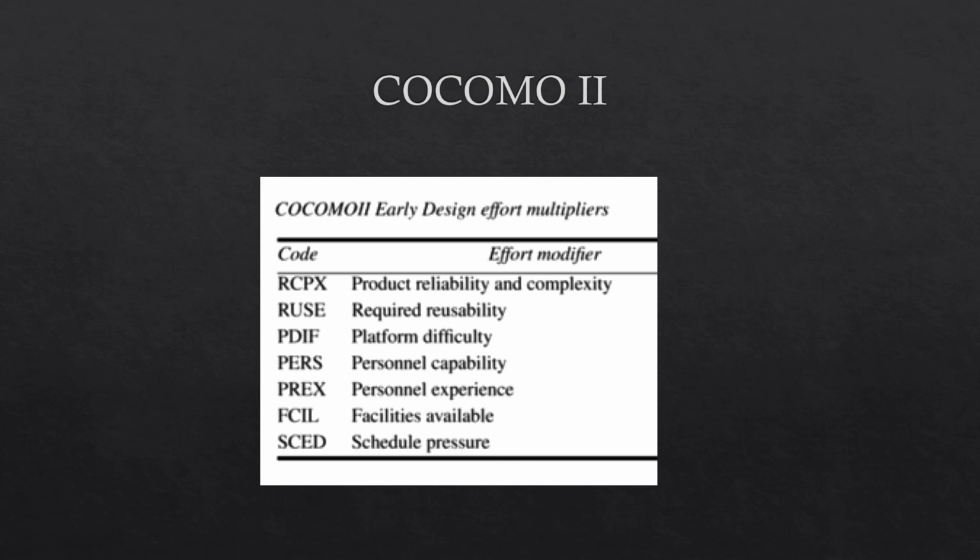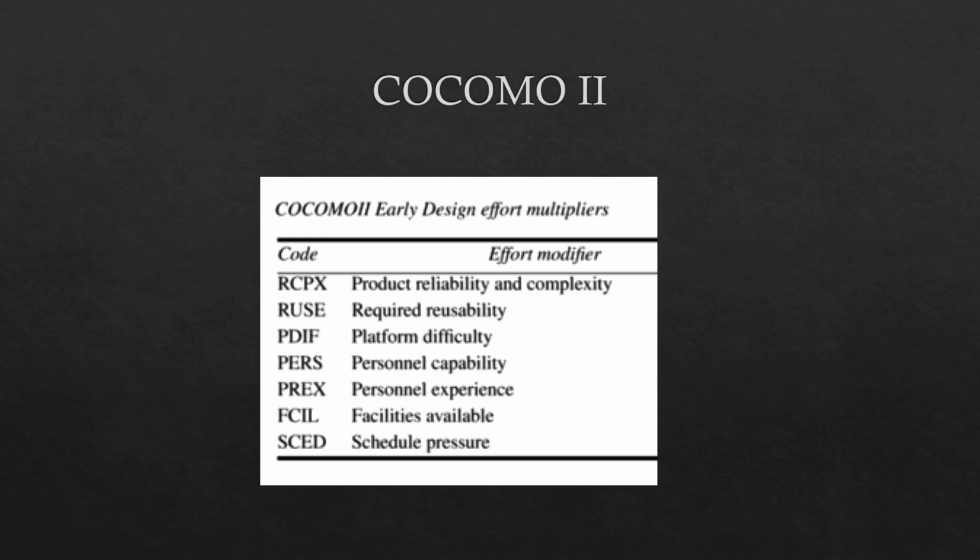As with the original COCOMO, each of these multipliers might be given a rating of very low, low, nominal, high, or very high. From very low to very high, 5 various ratings can be given to each of the effort modifiers.